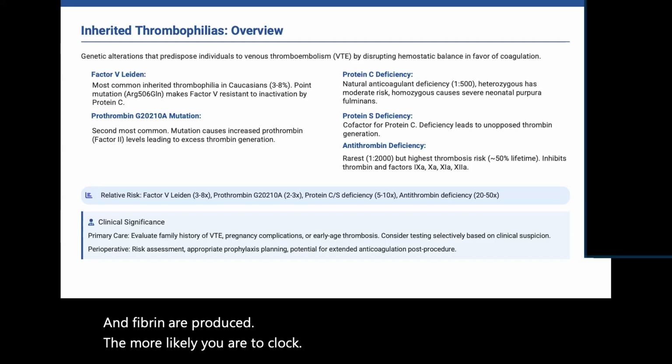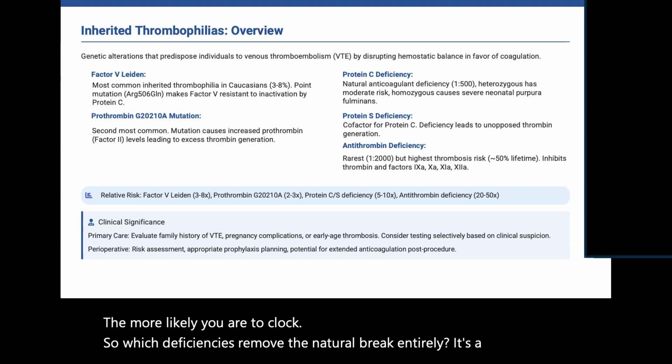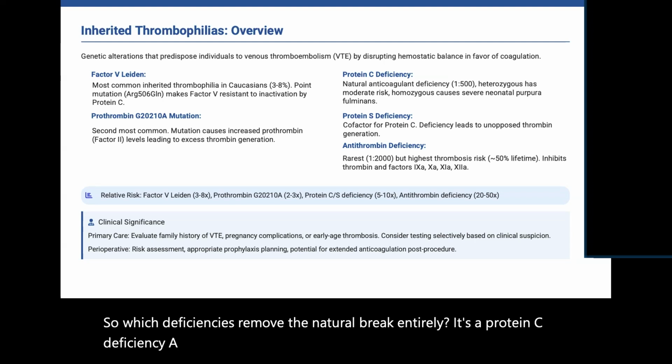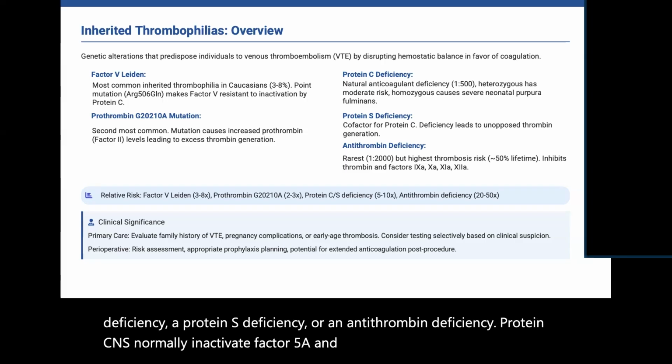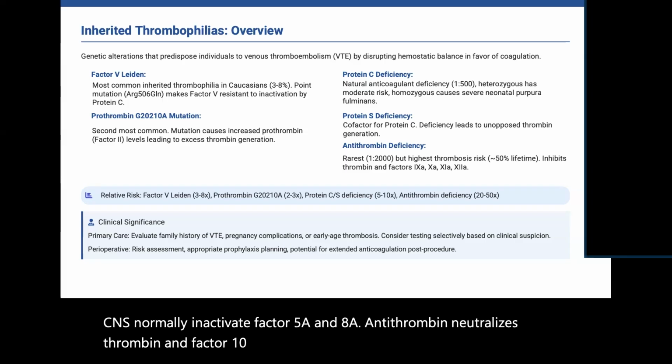So which deficiencies remove the natural brake entirely? It's a protein C deficiency, a protein S deficiency, or an antithrombin deficiency. Protein C and S normally inactivate factor 5A and 8A. Antithrombin neutralizes thrombin and factor 10A. You don't need to memorize all the factors specifically.